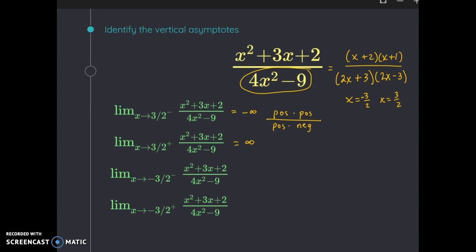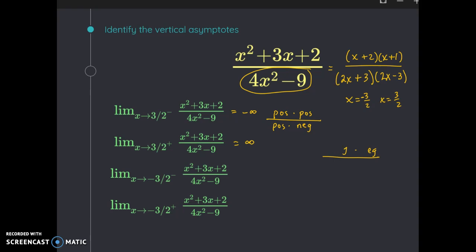And then if I'm at negative 3 halves and a little bit smaller than that, definitely my numerator would still be positive because it would be negative 3 halves plus 2. Oh wait, maybe that's not true. So negative 3 halves plus 2 would be a negative. Negative 3 halves plus 1 would still be a negative. So it would be a negative times a negative.